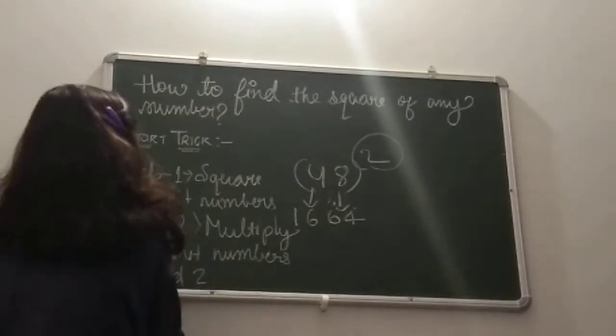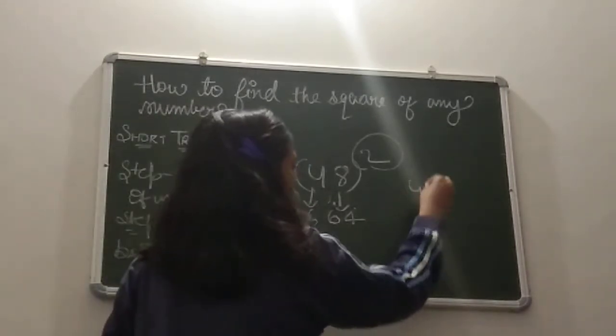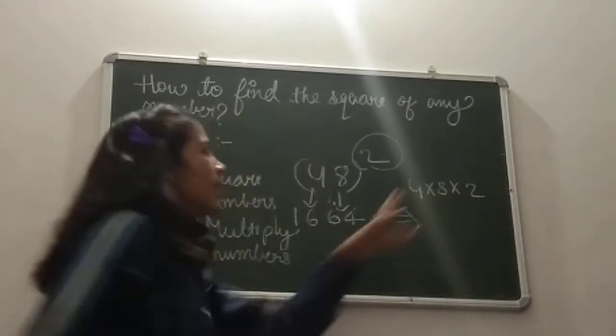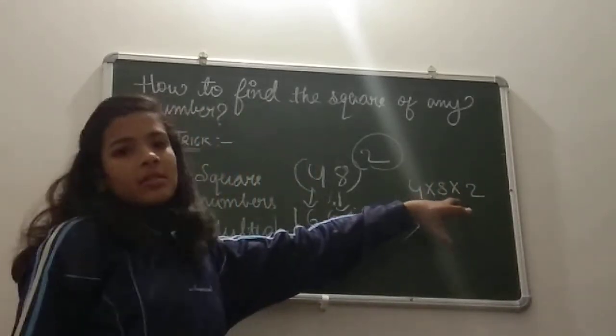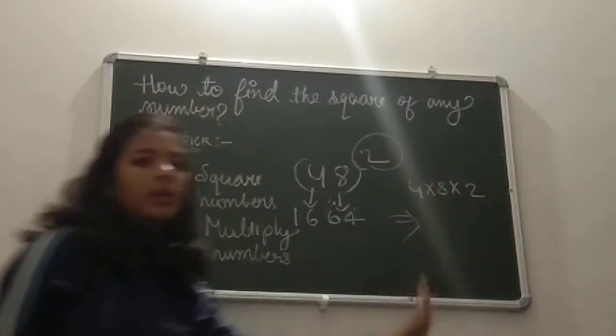So let's do our step number 2, which we haven't done until now. So you have to do 4 multiply 8 multiply 2. You can do 4 multiply 8, or you can do 8 multiply 2, whichever you find easy.